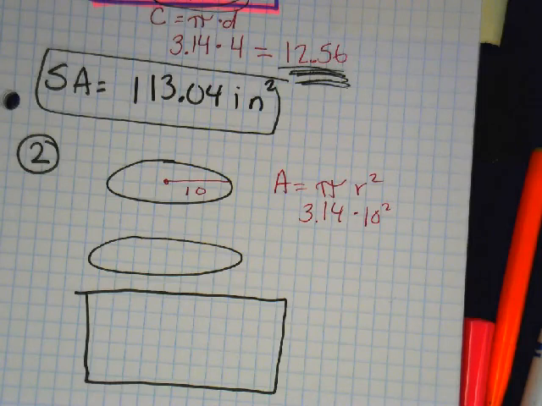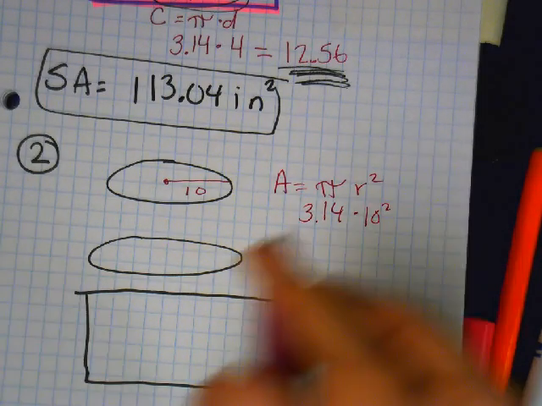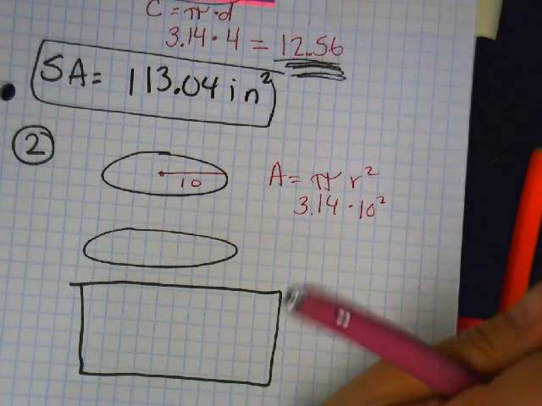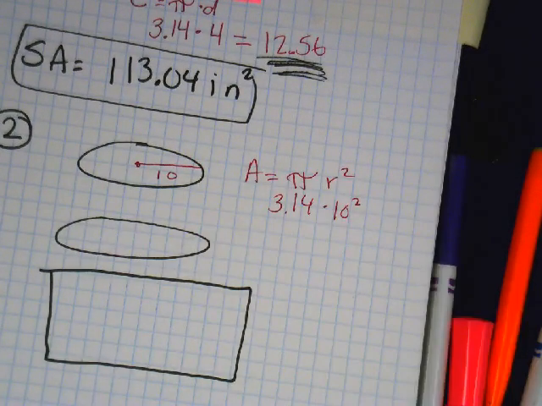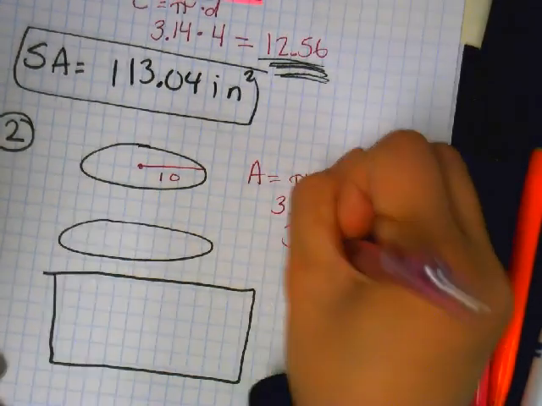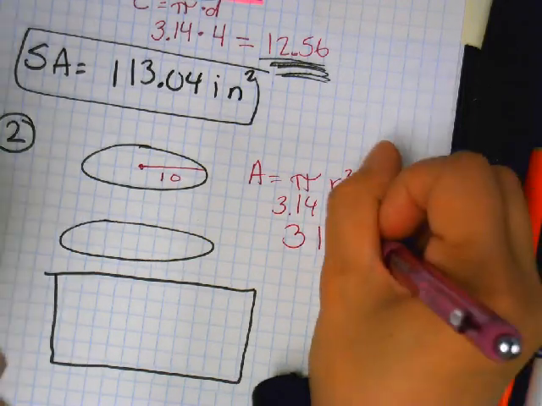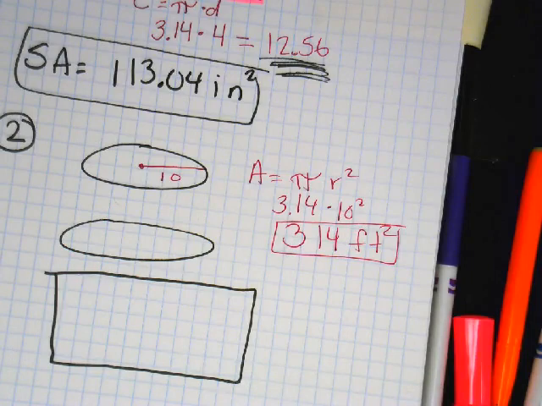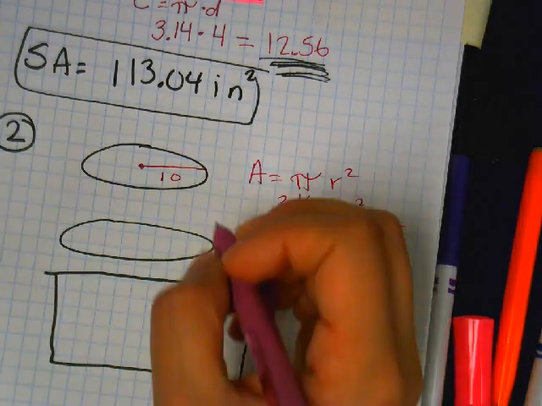Okay, what is the area of the circle? What do we get for the area of the circle? Okay, 314 feet squared. That's the area of the circle. Is it the same thing as the other circle? Yep.